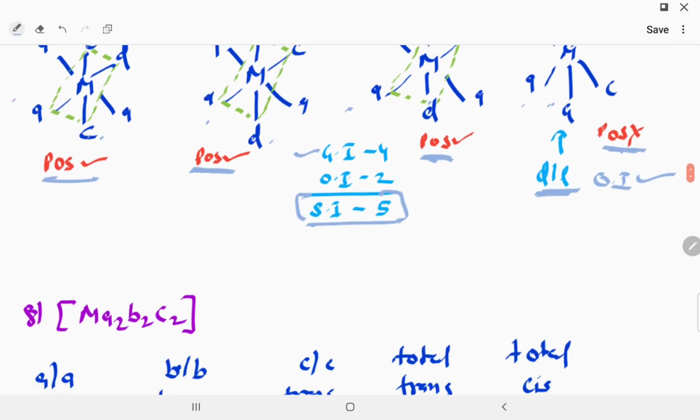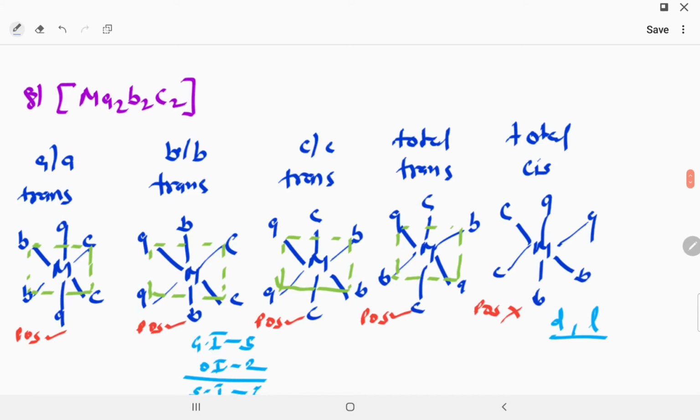Okay, now understand. We can take the next one, Ma2B2C2. They all are monodentate ligands. AA trans, BB trans, CC trans, total trans, all trans, and then total cis. In this you are able to see that A trans we draw opposite.